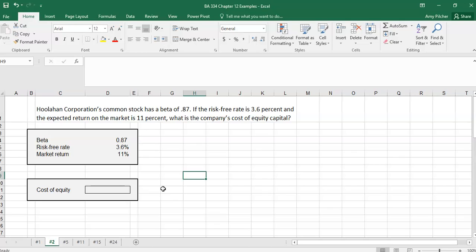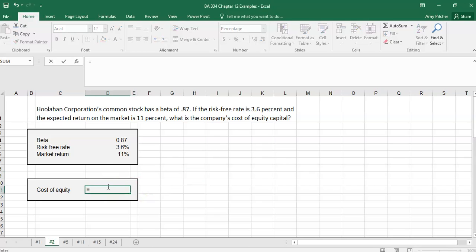So when we don't have the opportunity to use the dividend growth model, we use the security market line, or CAPM formula, the capital asset pricing model that we looked at in chapters 10 and 11. So then we calculate the cost of equity. You remember the security market line is the risk-free rate plus the risk premium, which is the difference between the market return and the risk-free rate, times beta.